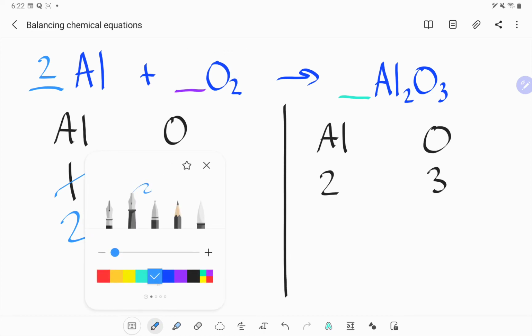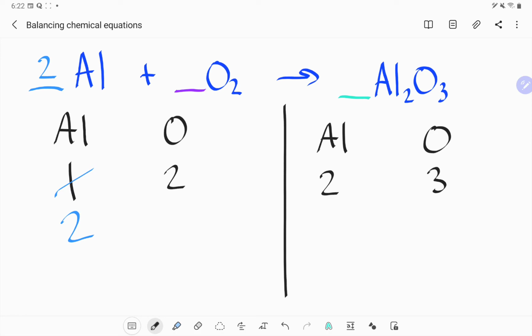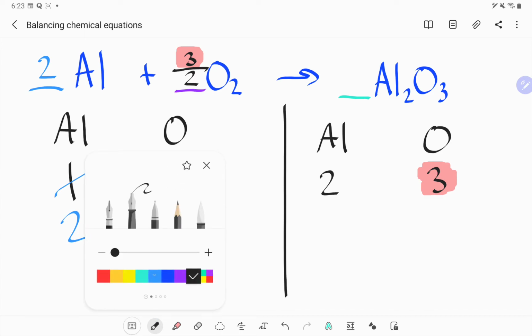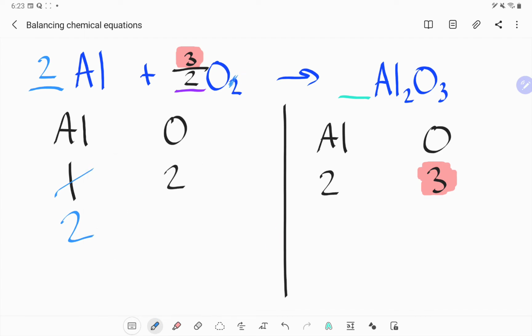In the numerator, I'm going to insert this number right here. Let's go ahead and highlight both of those. In the numerator, I'm putting a 3 because of this 3 right here. And then in the denominator, I'm going to put a 2 because of this 2 and this 2 right here.